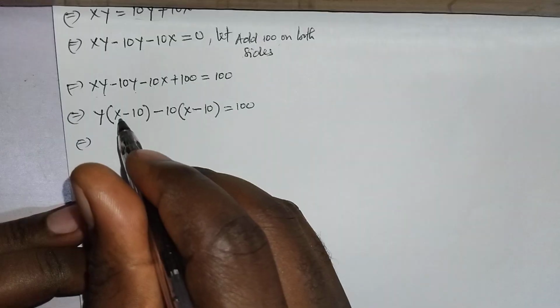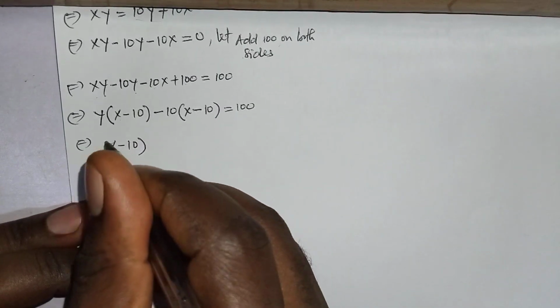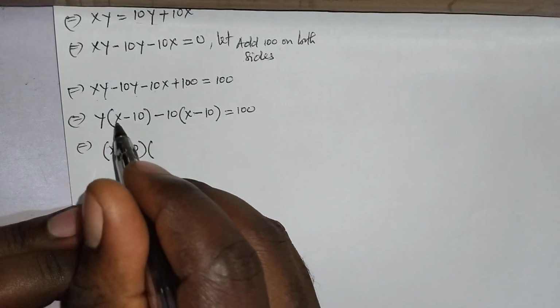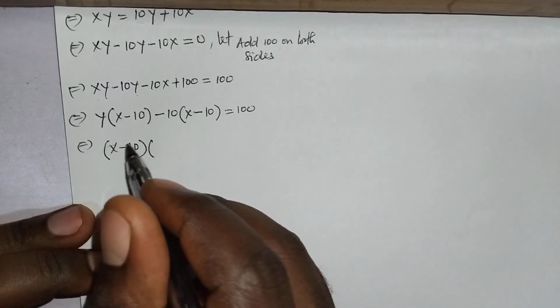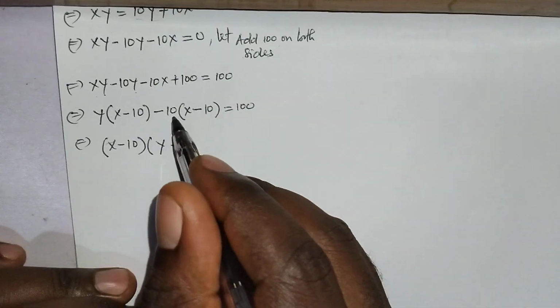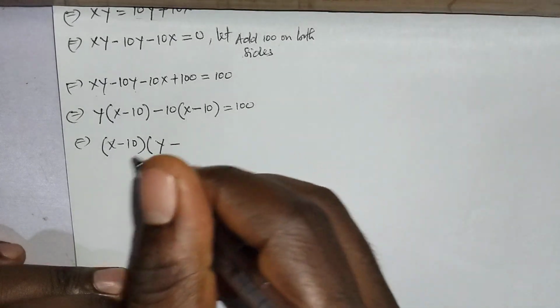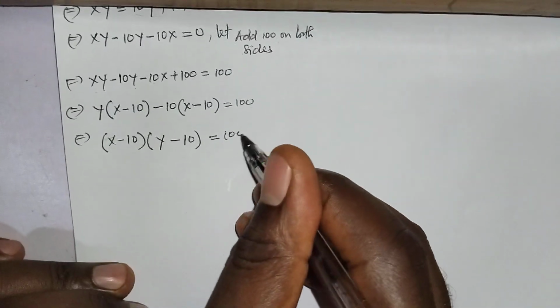Here we have x minus 10 common. y times x minus 10 over x minus 10 is equal to y, then minus 10 times x minus 10 over x minus 10 remain 10, which is equal to 100.